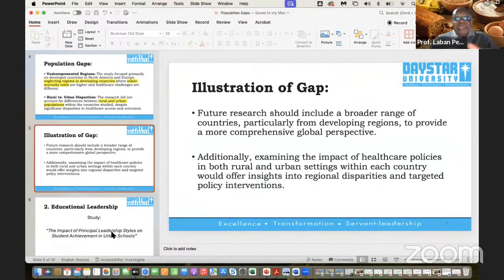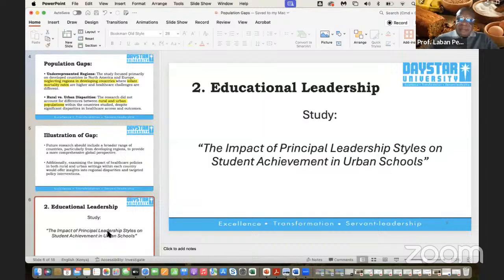Allow me to go through them, then I'll pause for some questions and some points to raise. Let us look at educational leadership. So I've used policy analysis. I've shown you a population gap. Look at this one. Educational leadership, the study: the impact of principal leadership styles on student achievement in urban schools.